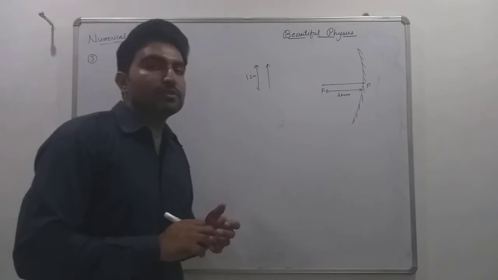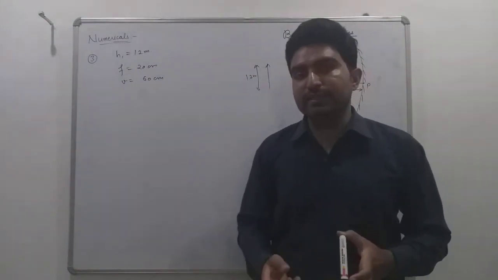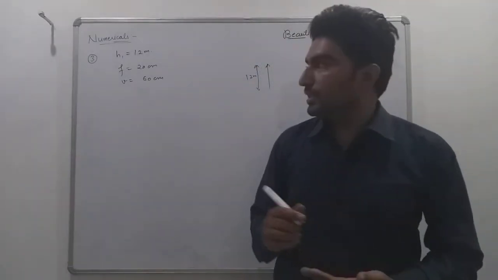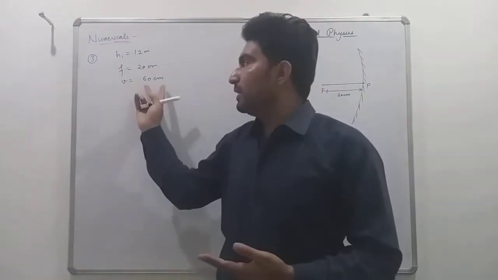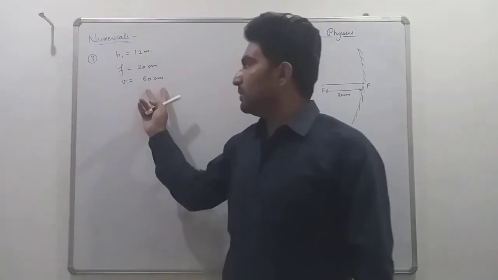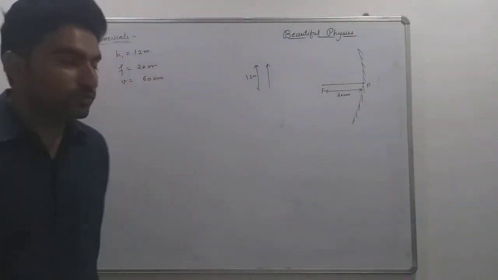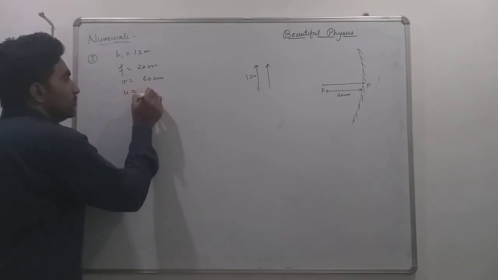One thing is told in the question, that the image formed is real at a distance of 60 centimeter. When the image formed is real, then the distance of the image will be negative. So the distance of the image formed is negative, and we have to find the position of the object u.